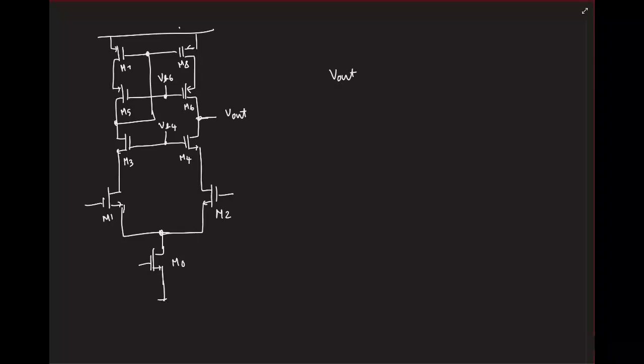If Vout keeps reducing, which of the transistors will get affected first? M4. So what is the minimum Vout we can have? The gate voltage minus a threshold. Gate voltage is VB4 minus the threshold of this guy. Again VB4 has its own range. It's not like a fixed voltage. You can have a range of voltages for VB4.